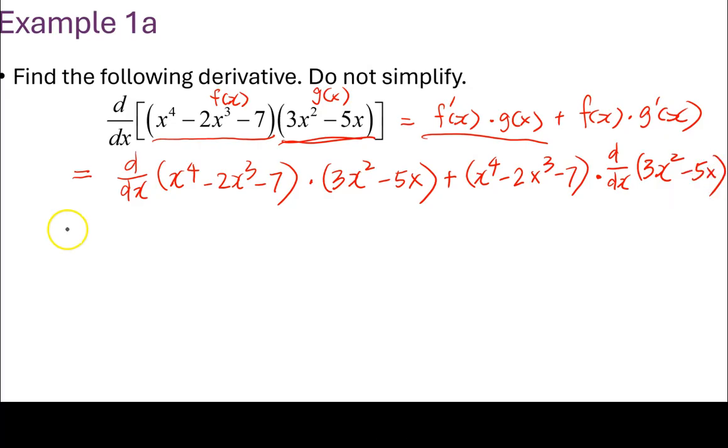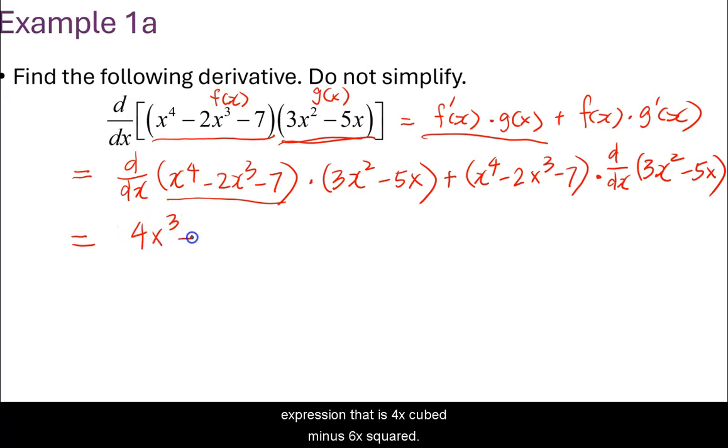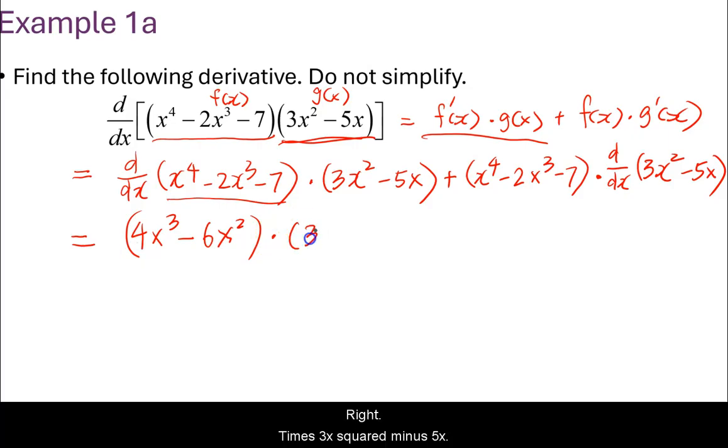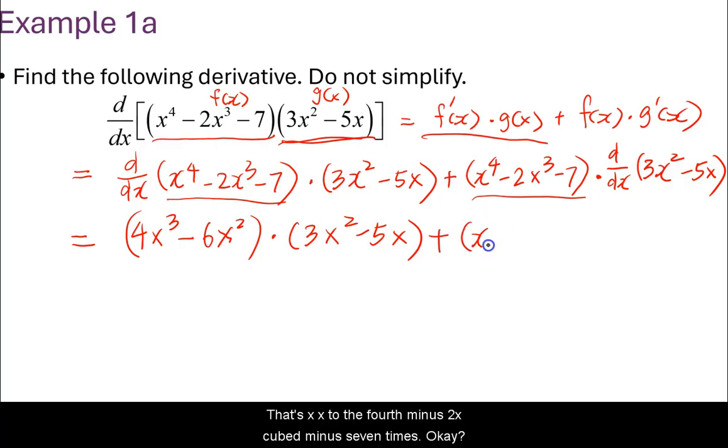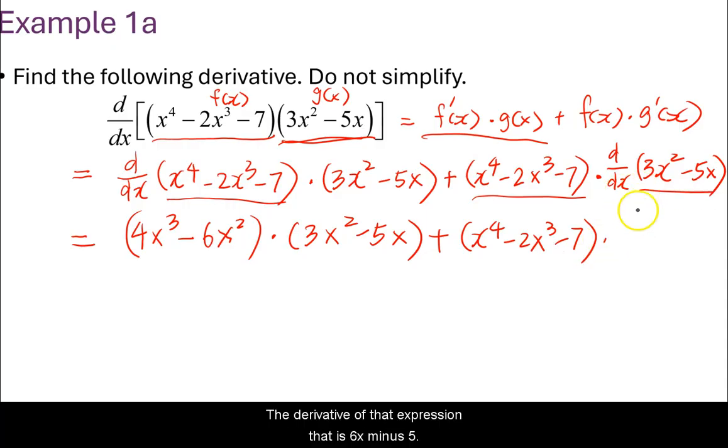Okay, so now the derivative of this expression is 4x cubed minus 6x squared, times 3x squared minus 5x, plus, write this down, x to the fourth minus 2x cubed minus 7 times the derivative of that expression, which is 6x minus 5.